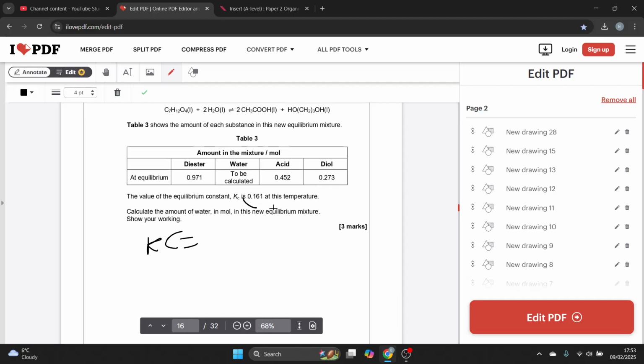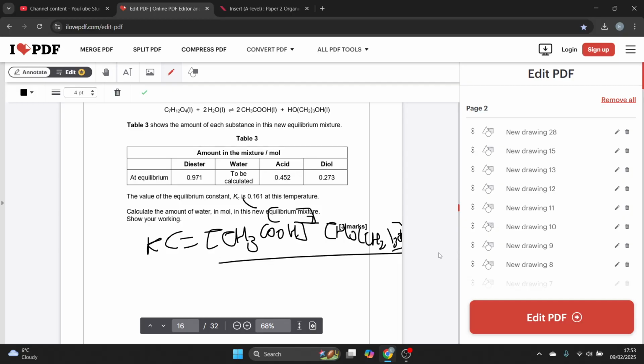It's Kc, square brackets, so it's going to be the concentration of CH3COOH squared, H2O, CH3OH... C7H12O4 by moles of H2O squared, because there are 2 moles of it.